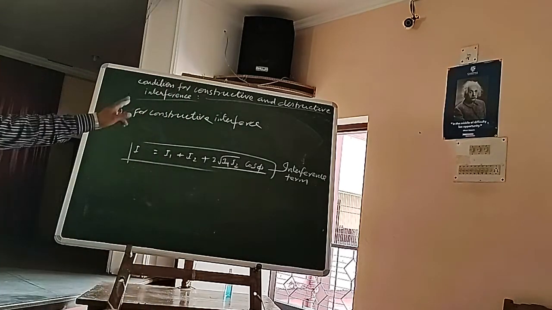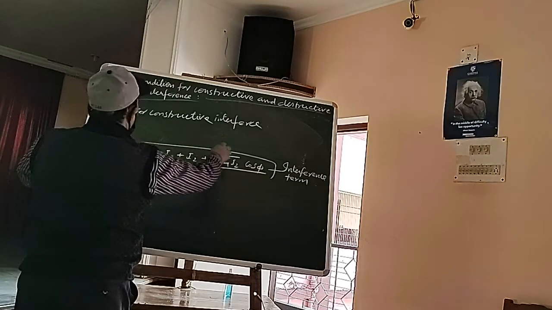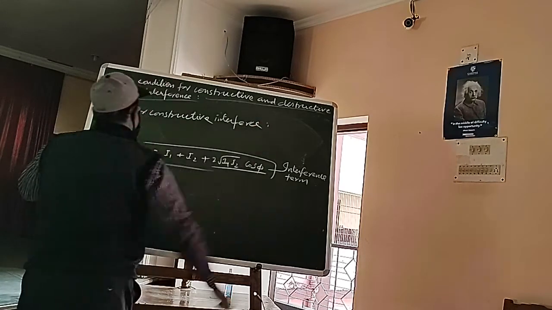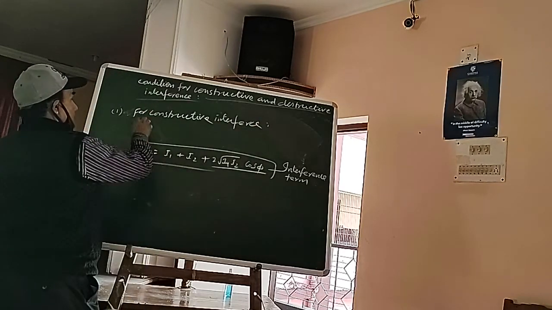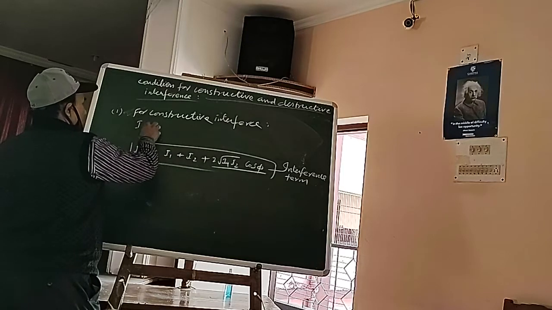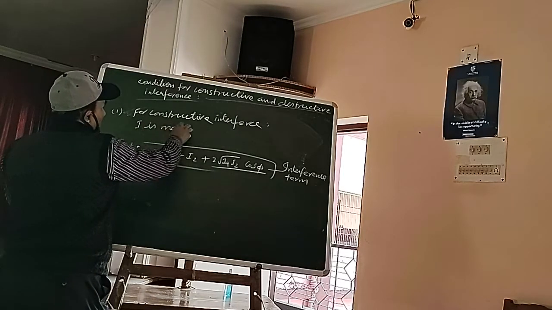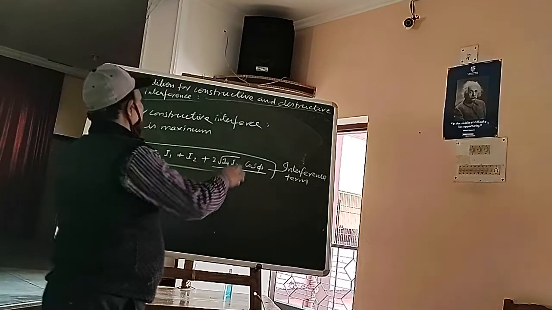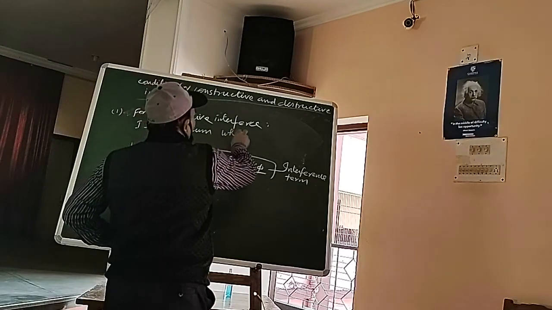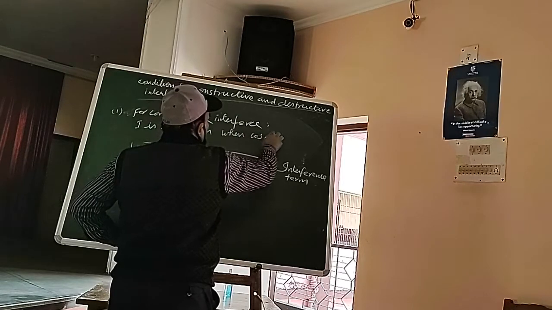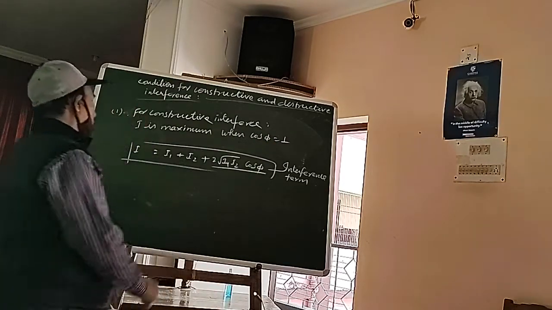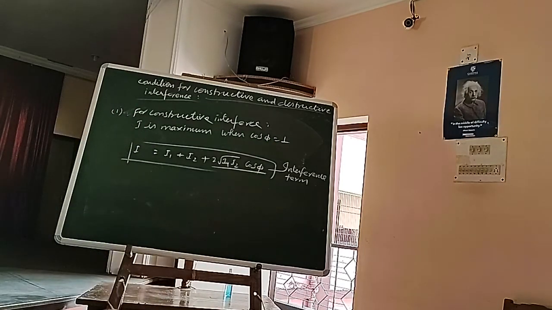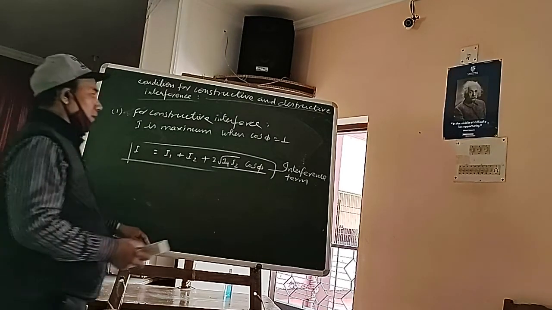For constructive interference here, I is maximum when cos phi is equal to 1.